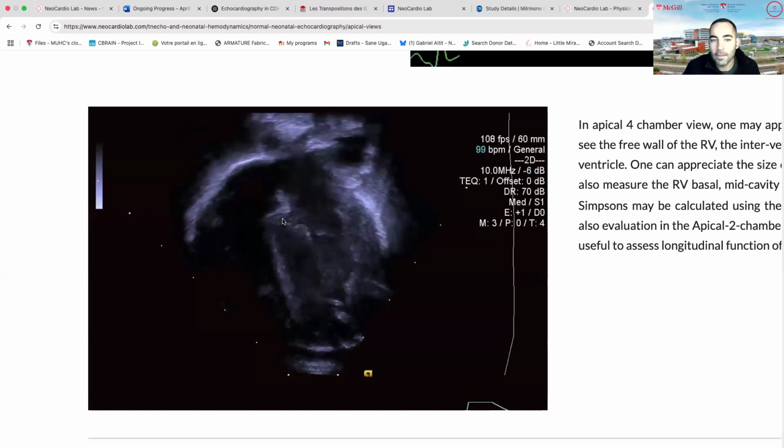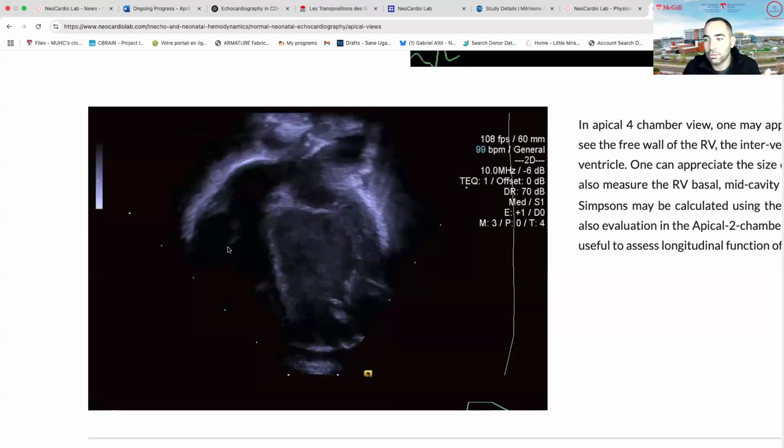It's very tiny. One of the most common times where you don't have these valves on different planes is in the AV canal. And at that point, it's not really a tricuspid or a mitral valve.